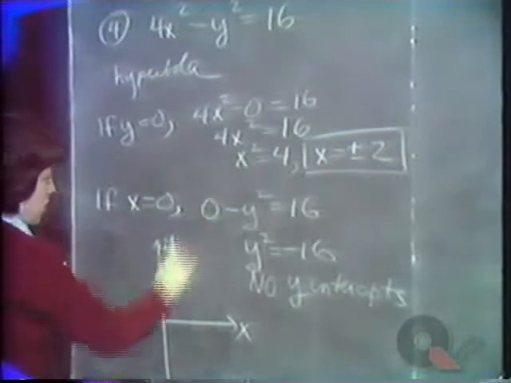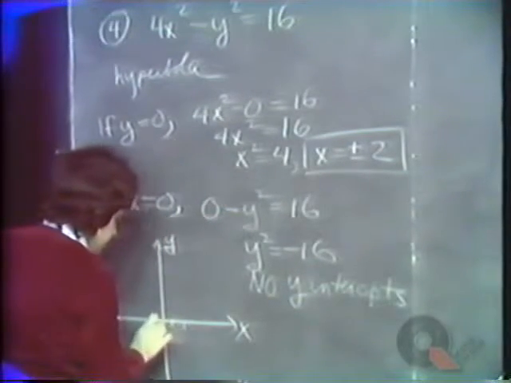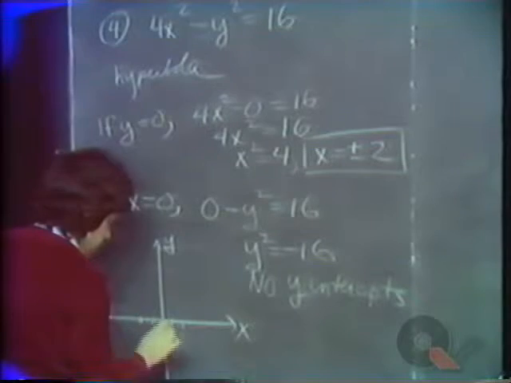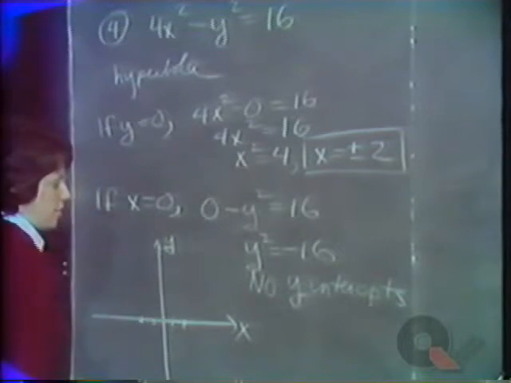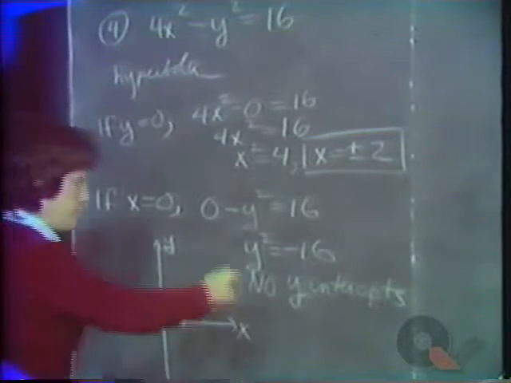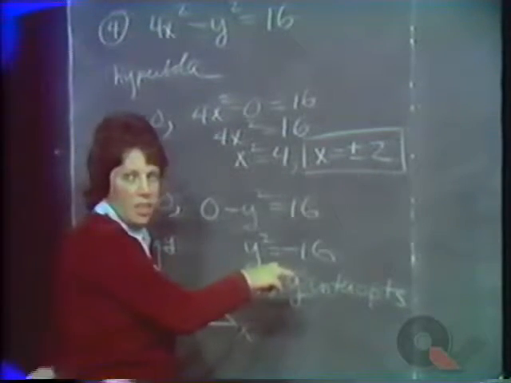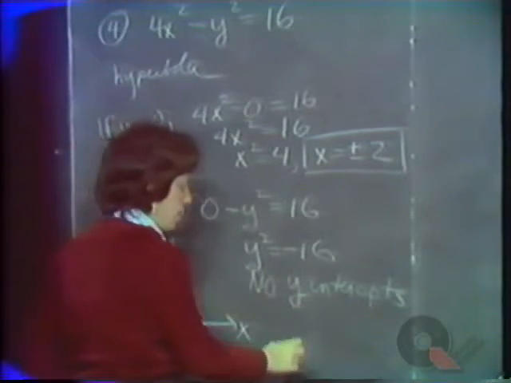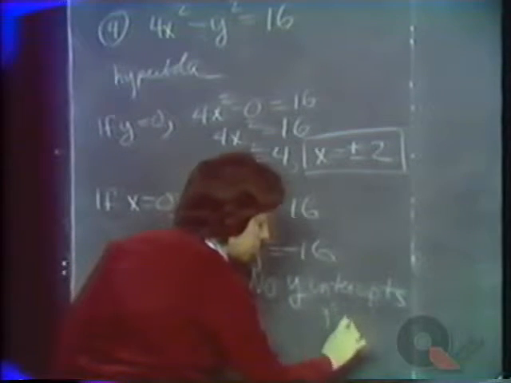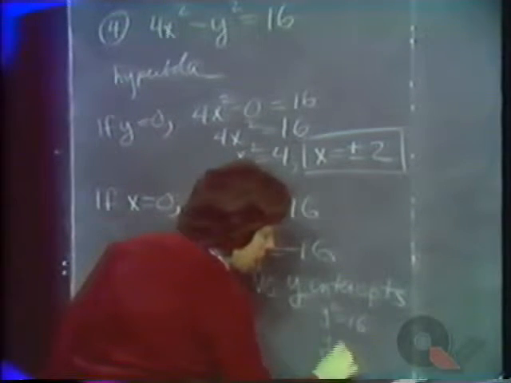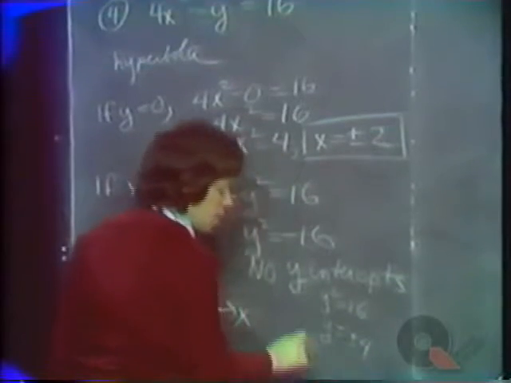What we do is the following. The x-intercepts are 2 and minus 2. There are no y-intercepts, because you can't take the square root of a negative number. But suppose this had been a plus 16. If y squared had been plus 16, y would be plus or minus 4.